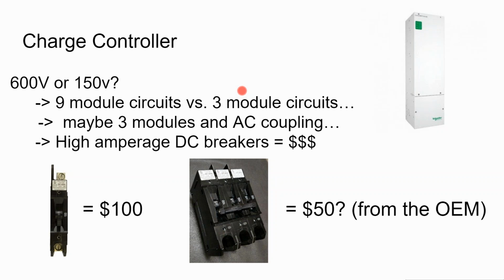And especially if I'm on the rooftop, or if I'm doing a ground mount that's far away from my battery bank, I'm not going to wire 18 circuits up to my rooftop. I'm not going to wire 18 circuits through the ground when I could cut that number by 1/3.